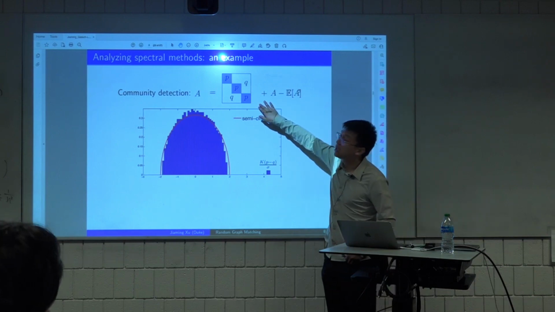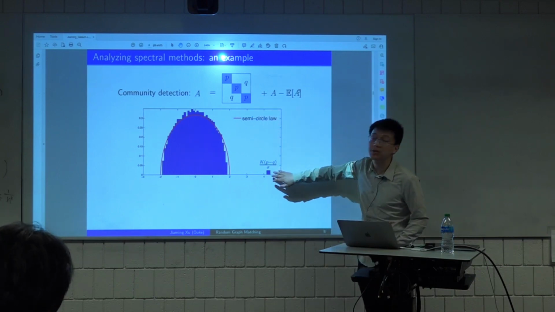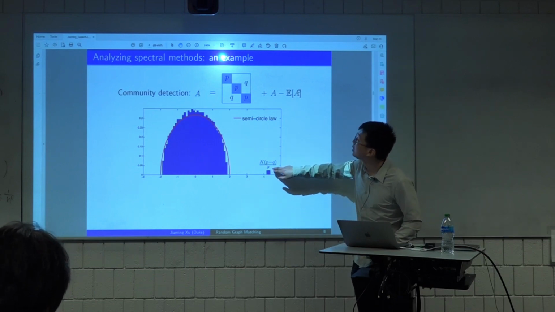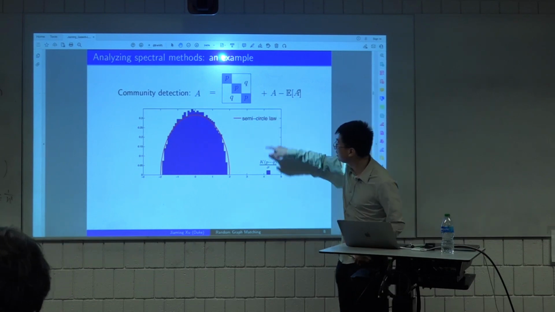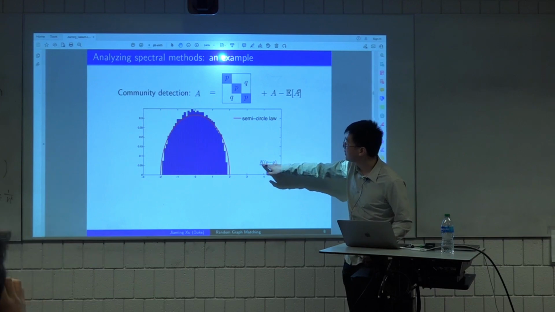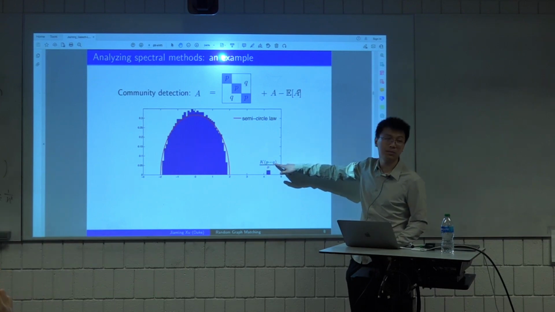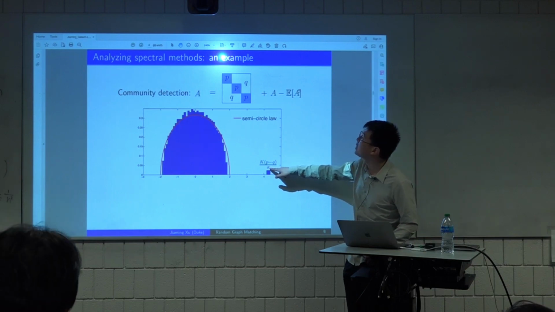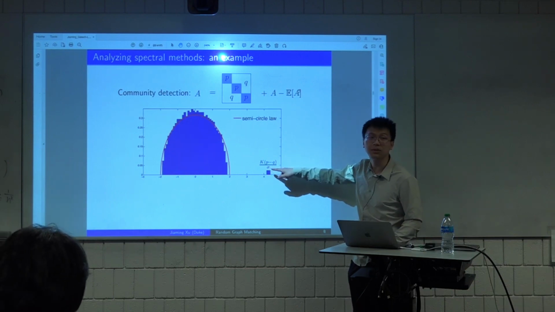But then you still have the mean part, right? The mean part will contribute some large eigenvalue that is outside of the bulk. Roughly the largest eigenvalue from this mean is given by the size of the community times the difference of edge probability divided by the normalization. This sigma is roughly the square root of NQ in this problem.